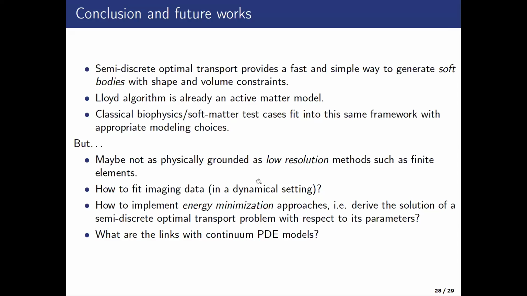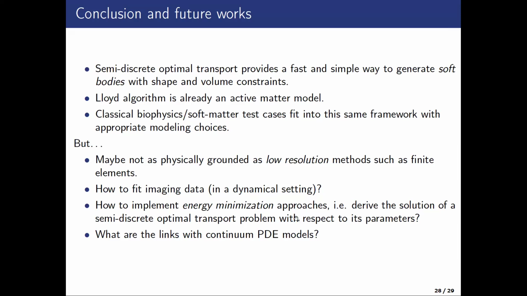There are other ongoing works on how to fit that with data and how to implement these energy minimization approaches. So instead of defining arbitrary forces, I can just define an energy that would penalize the surface tension, the interaction that would model surface tension. And then if I take the gradient descent of that energy on the parameters that I have, so the position or volume, whatever, then I should obtain something.